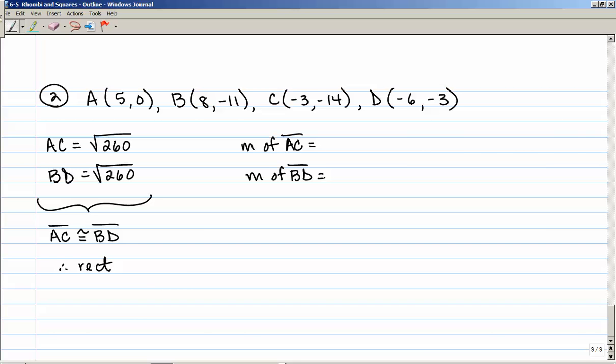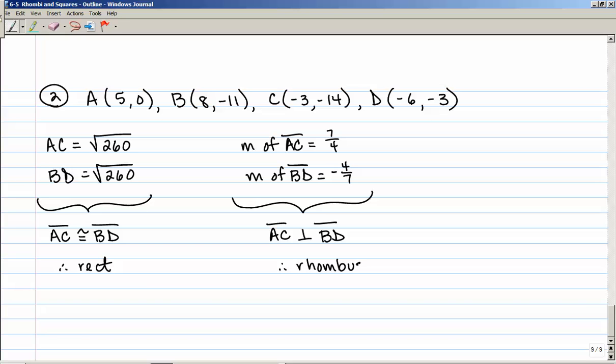Now let's find the slope of each diagonal. The slope of AC is 7/4, and the slope of BD is -4/7. So AC is perpendicular to BD because their slopes are opposite reciprocals of each other. Therefore, this is a rhombus.